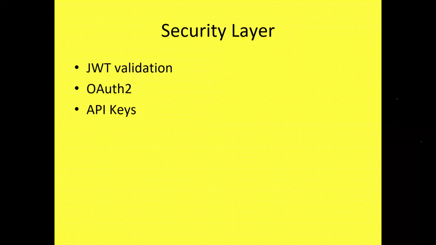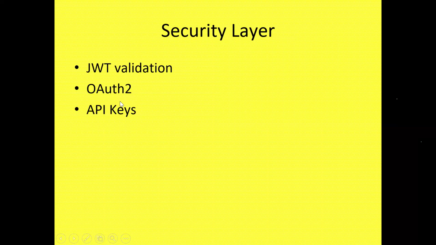Next one is authentication and authorization. Can I go for JWT validation? Yes. Can I go for OAuth 2? Yes. If you are not using JWT validation, you can go for OAuth or API keys. Any one of these security mechanisms needs to be implemented. As per our project, we are planning to implement JWT validation because I'm not interested in going for OAuth.